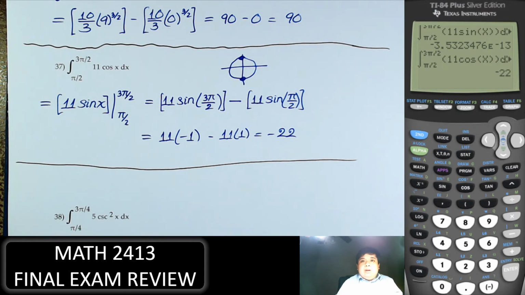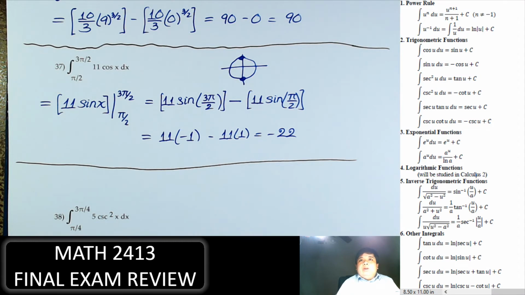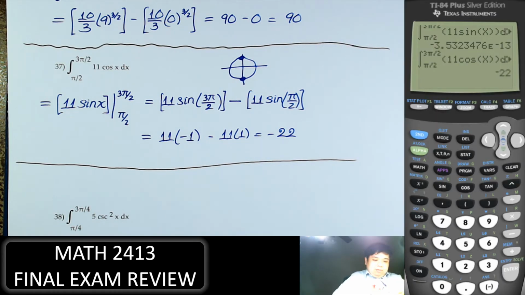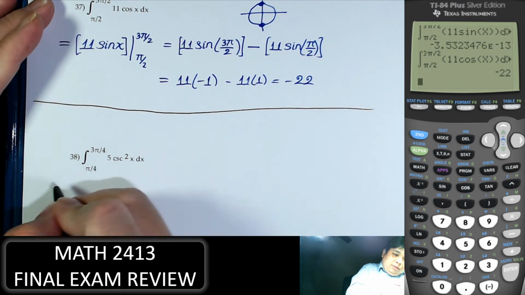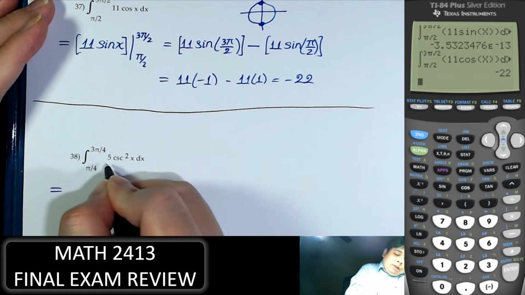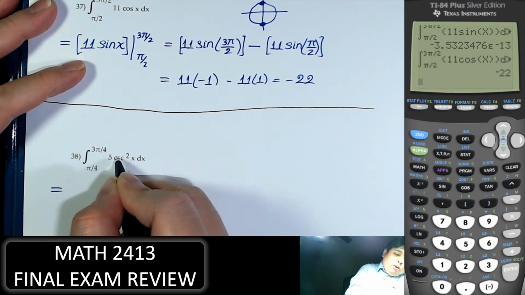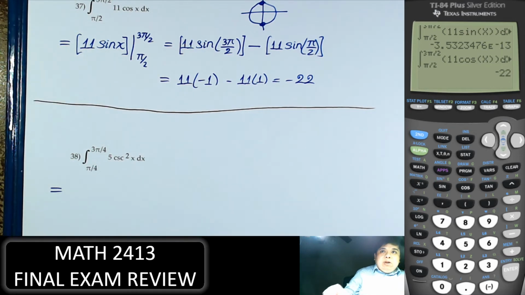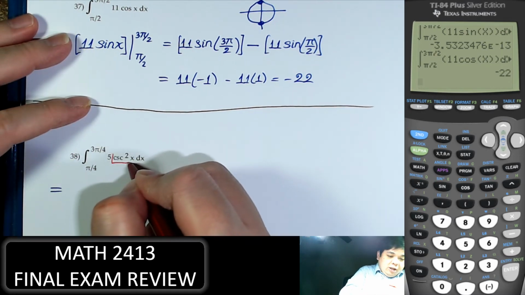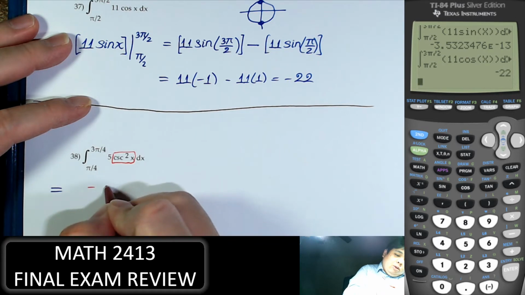Right, again, those are the integrals. The integral of cosecant squared is negative cotangent.